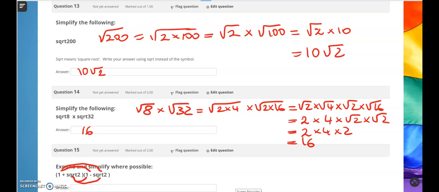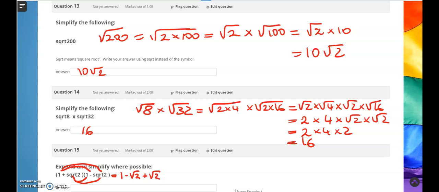So we'll do first 1 times 1, which is 1. 1 times negative square root 2, which is negative square root 2. And then we're going to go square root 2 times 1, so plus square root 2.